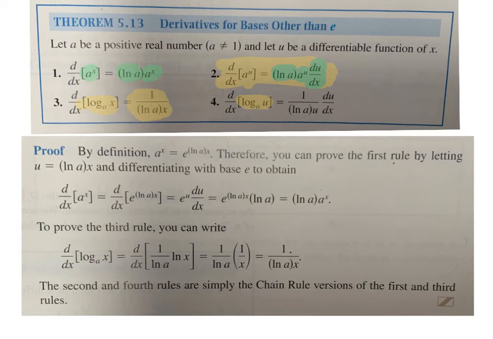If I have log base a of some function, it's going to be my 1 over that function times the natural log of a, and then also consider the derivative of the function. And they give the proof here. If you rewrote this a to the x as e to the natural log of a to the x, your e's cancel. So it's actually the same function as it would be with your e, except your e's cancel with your natural log, so you didn't have to deal with it when you had e's.